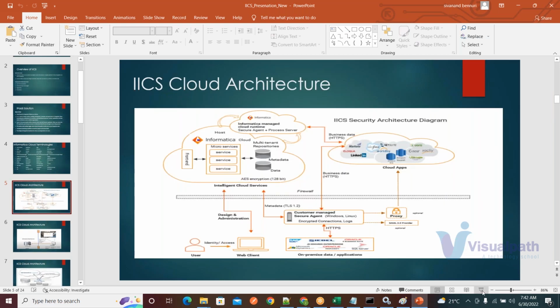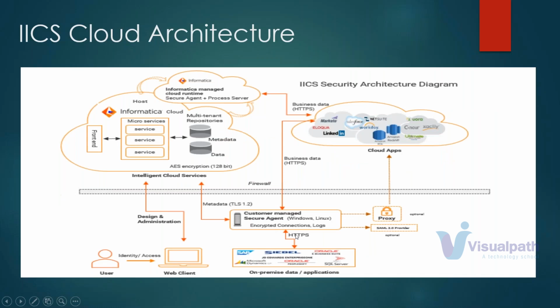This architecture diagram shows that a user logs in through a web client and performs design and administration, and the metadata gets exchanged to the multi-tenant repository. It's not the actual data, it's all metadata. And this is a customer-managed secure agent. We installed a secure agent, sitting behind a firewall, so we are actually controlling our own data.